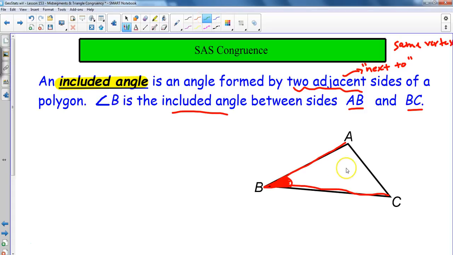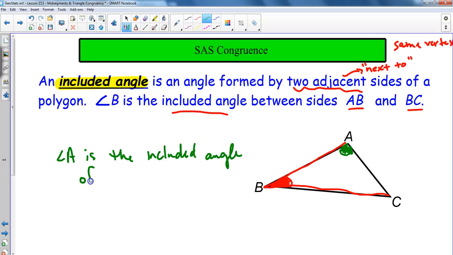Alternatively, if we look at angle A, this angle right here, angle A is the included angle of AB and AC.